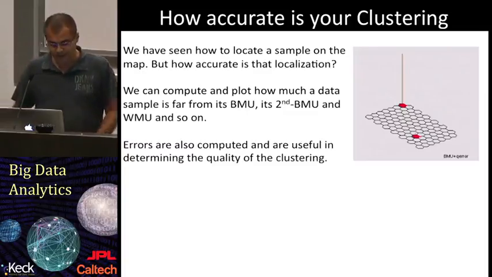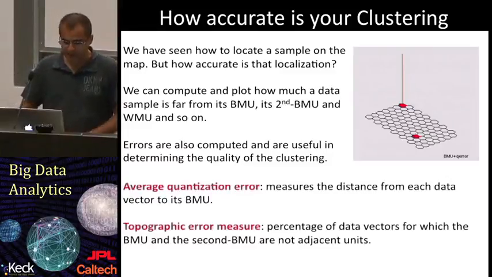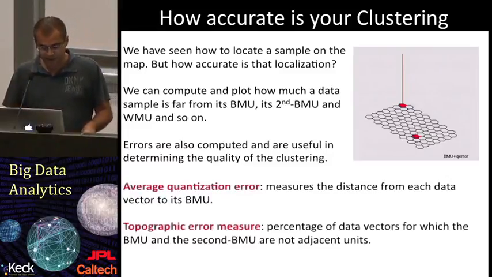We can expect that a stable clustering would have the first and second best unit close to each other and far from the worst matching unit. And this can be quantified using the average quantization error and the topographical error.